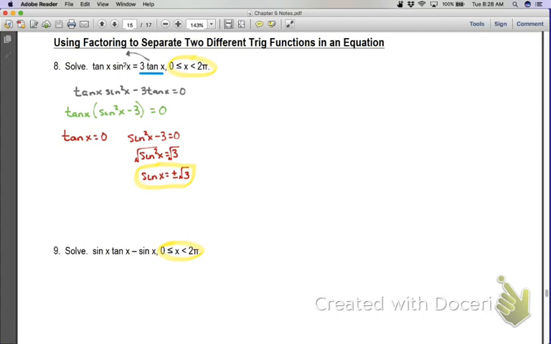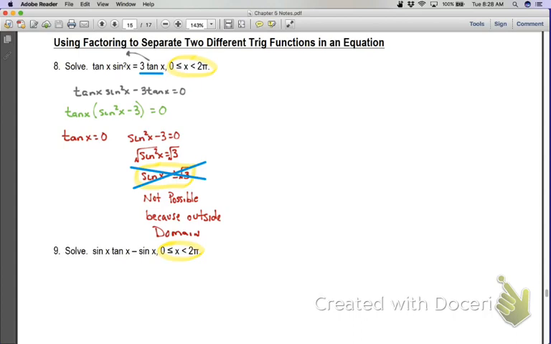Well, yeah, it's smaller than -1 and it's bigger than 1. So this one is not possible, because it's outside the domain. So we don't even have to worry about this one.